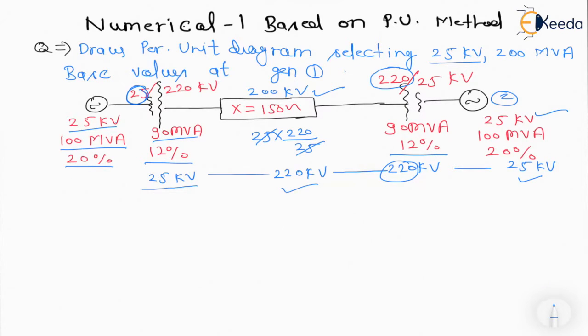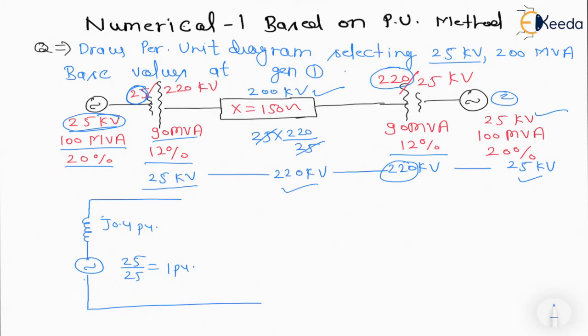Now I am going to draw the per unit impedance diagram. The first generator has a per unit reactance of j0.4 per unit, and its operating voltage is 25 kV while the new base voltage is 25, so 25 upon 25 becomes 1 pu voltage.